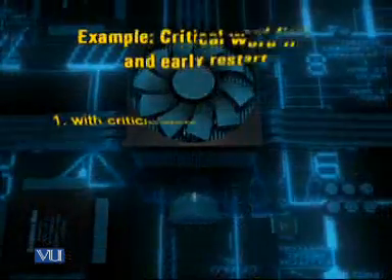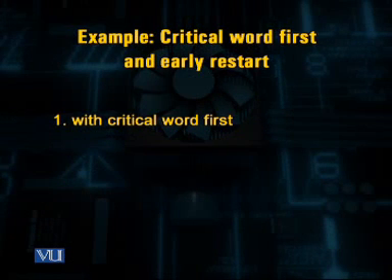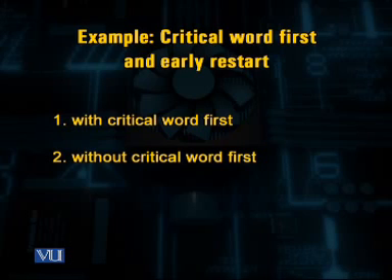Here we can calculate and compare the average miss penalty in case of number 1 with critical word first, assuming no other access to the rest of the block when the critical word is accessed, and second, without critical word first, that is assuming following instructions read data sequentially 8-byte word at a time from the rest of the block.